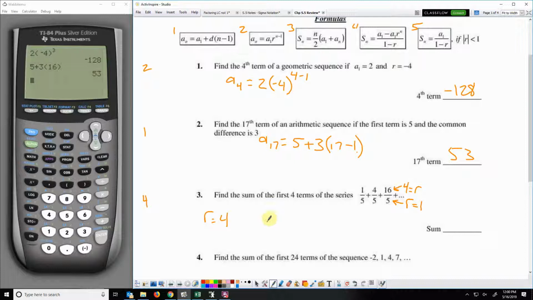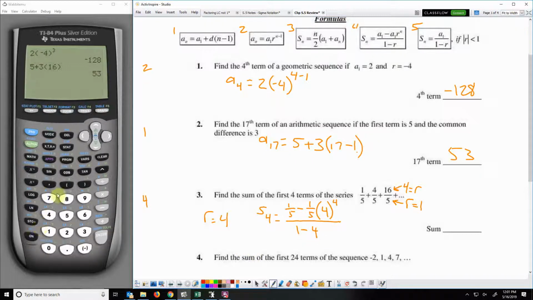Okay, so S sub 4, the first 4 terms, equals the first term, 1/5, minus the first term, 1/5, times r, 4, to the n power, fourth power, over 1 minus r, so that's 1 minus 4.